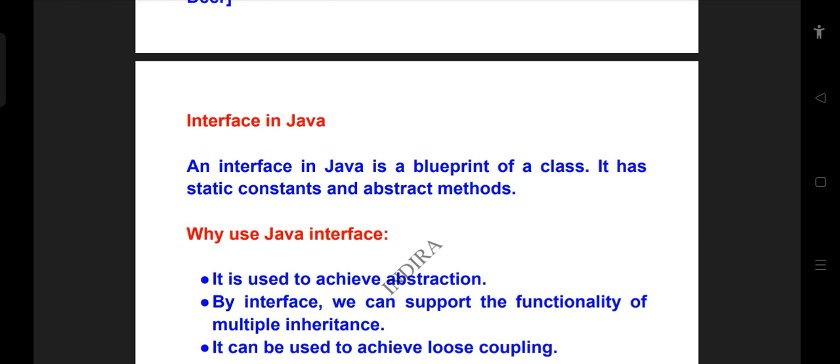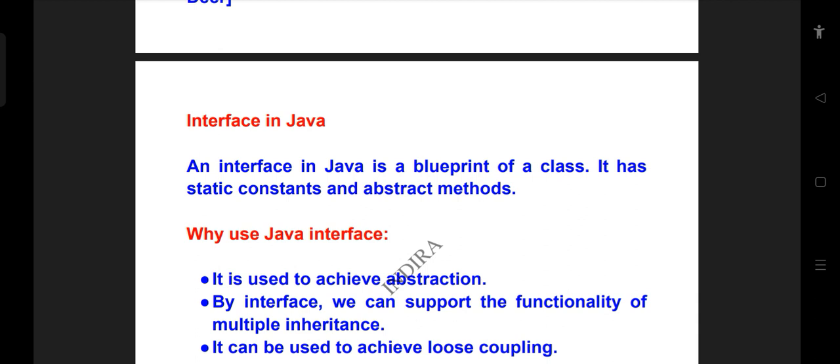Interface is a blueprint of a class. Before going to learn the interface, once remember the term inheritance. Inheritance depends on two classes, superclass and subclass, whereas interface is totally different from inheritance.